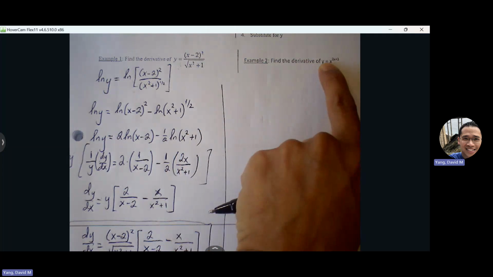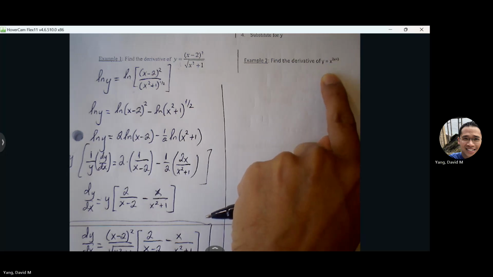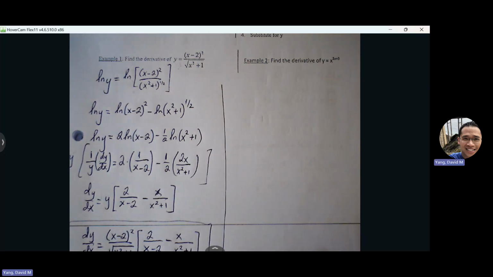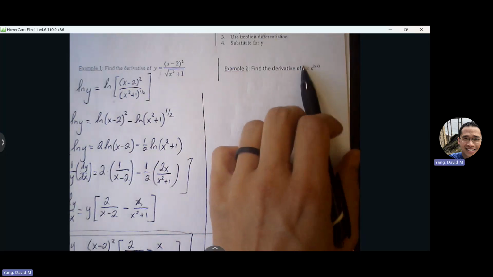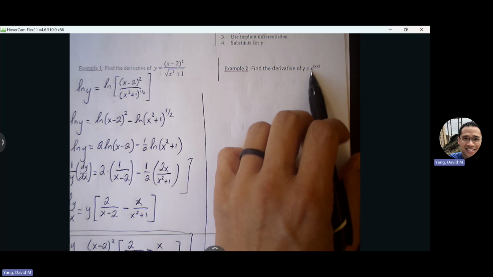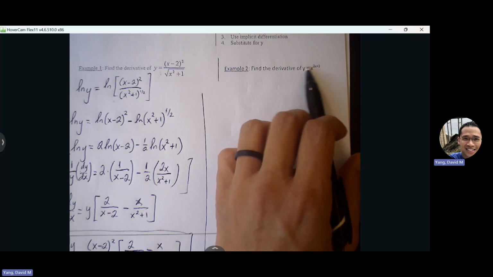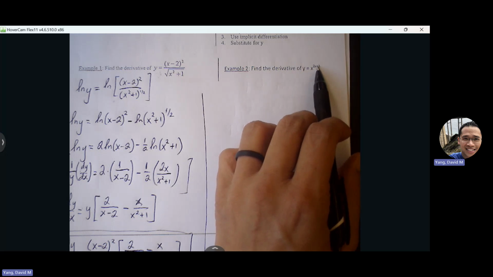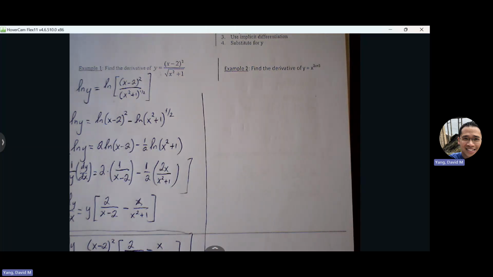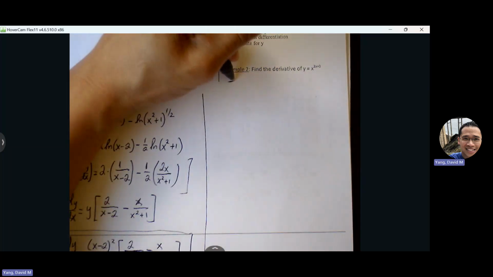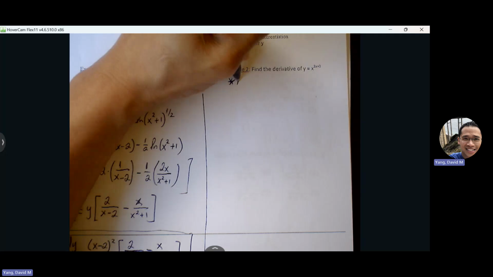But we don't have a rule that can handle a variable raised to a variable. So because we don't have a rule that can handle this, we take the natural log of both sides to get that exponent to live in a different spot. So this one, we have to use log differentiation. There's no other way.